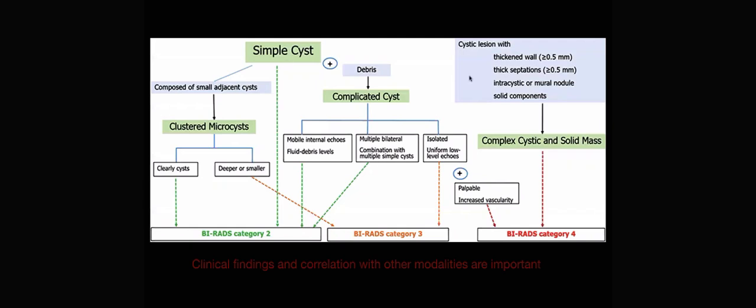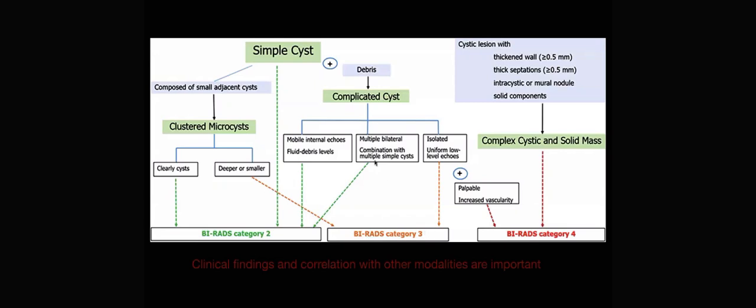This is just a summary of the cystic lesions. If you have a simple cyst, you just go to BI-RADS 2. Clustered microcyst is also BI-RADS 2. Whenever you have a lesion that's not well visualized, you can recommend follow-up.